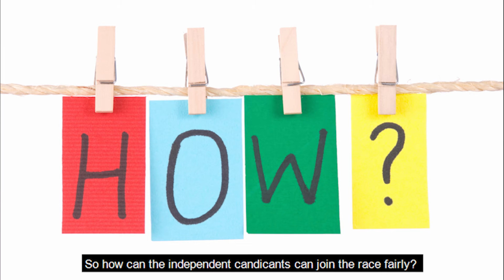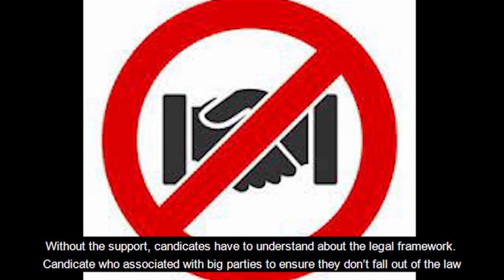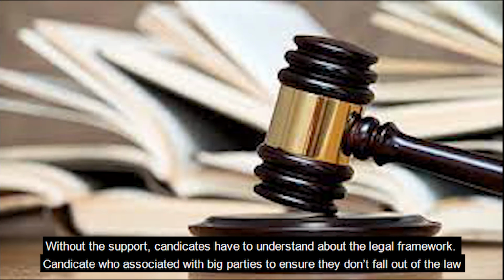So how can the independent candidate join the race fairly? Without this support, candidates have to understand the legal framework. Candidates who associate with big parties do so to ensure they don't fall foul of the law.